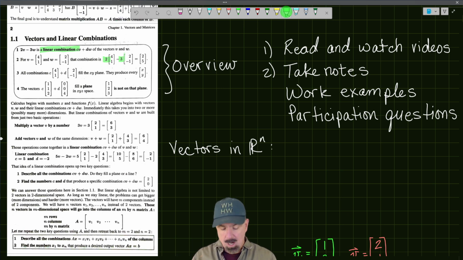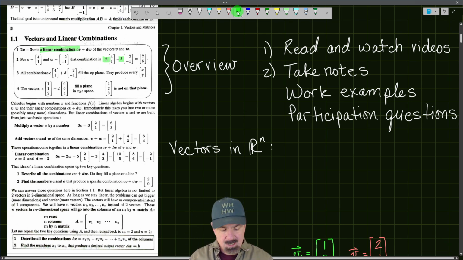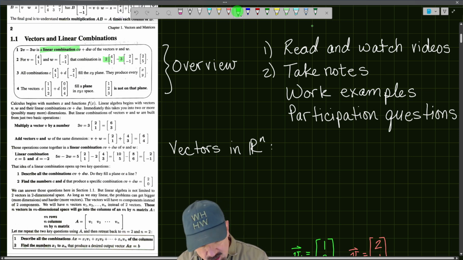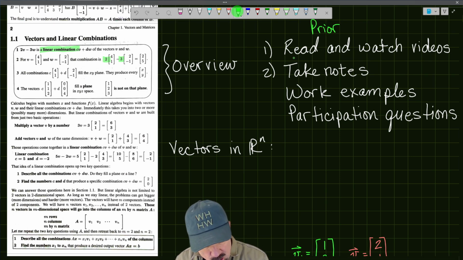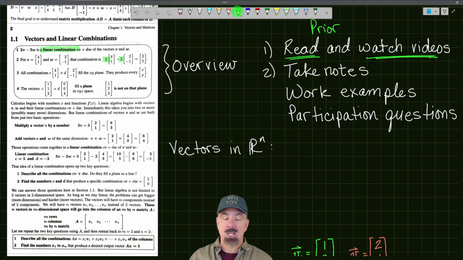It's about linear combinations. A little bit about how you're going to process this is going back to what we talked about in the syllabus. Your job, and this is all prior to class, is to read the associated section and watch the videos. For example, today we have two videos. We have this video, and then there's also the Grant Sanderson 3Blue1Brown video.